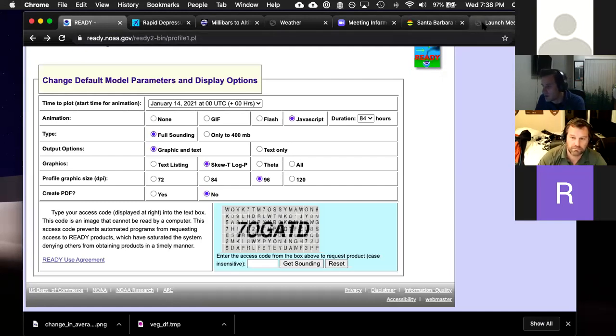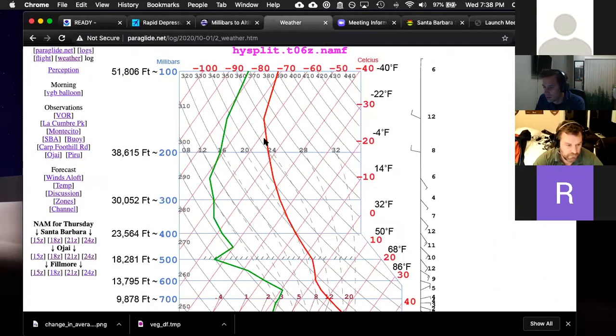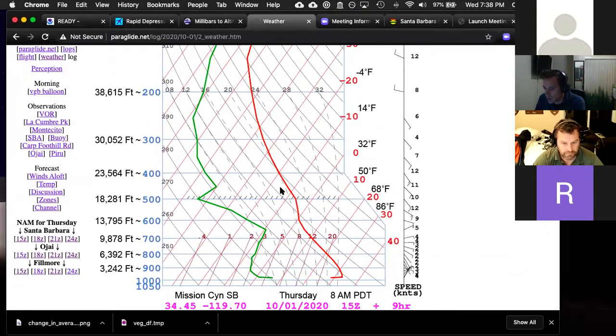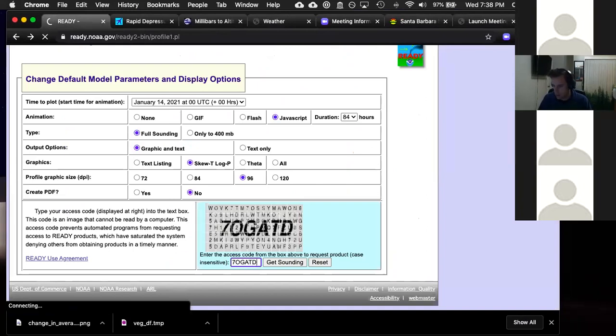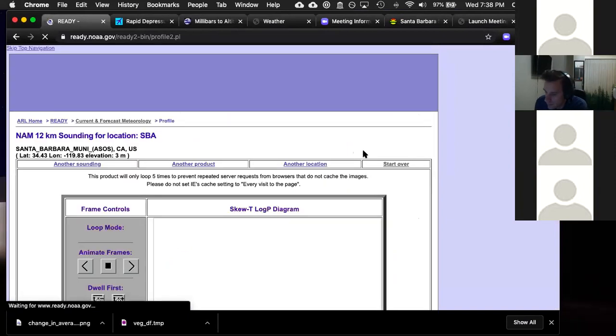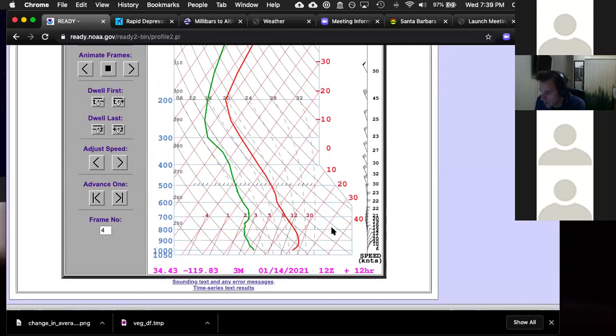When you click on all those buttons, it gives you one of these. That's really annoying that it doesn't work. I'm gonna try this one more time. 0 GATT. Cool, here we go. All right, so this is the SKUT currently for here in Santa Barbara, okay?